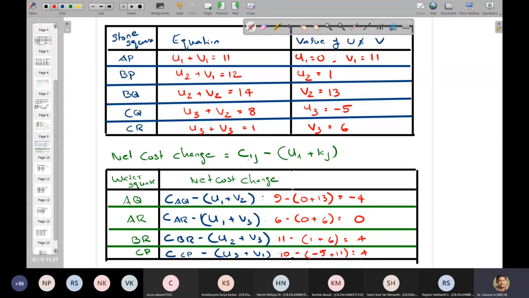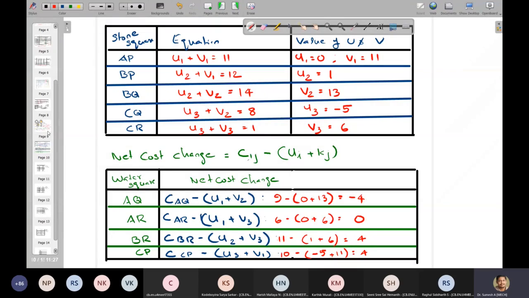So I made a mistake here. U3 plus V3 is basically not 1, it is basically 10. U3 plus V3 equals 10.